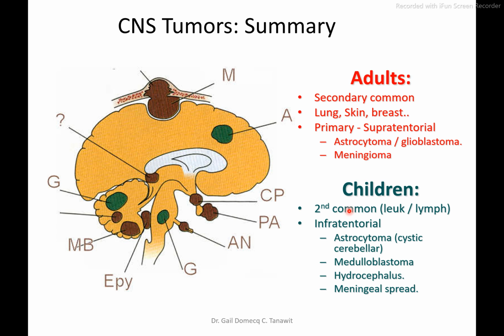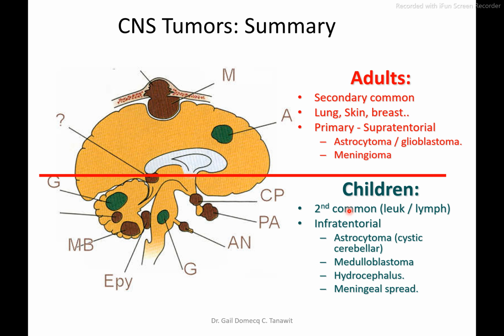For children, it's the second most common, after leukemia and lymphoma, and it's infratentorial in location, the majority of which will be the astrocytoma, the cystic cerebellar type, or the pilocytic astrocytoma in particular. We have the medulloblastoma. Children would also commonly have hydrocephalus, and meningeal spread is common as well.